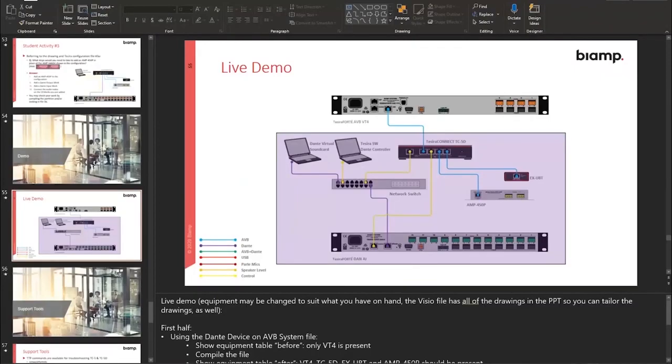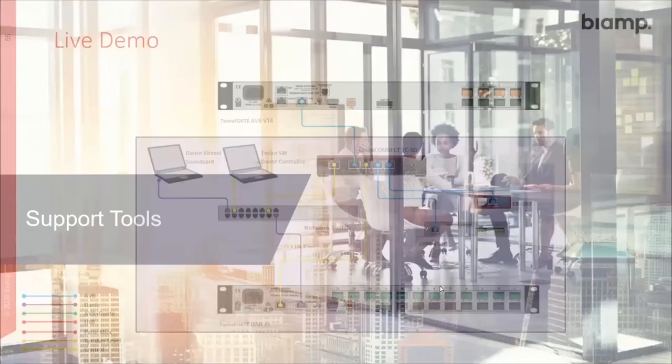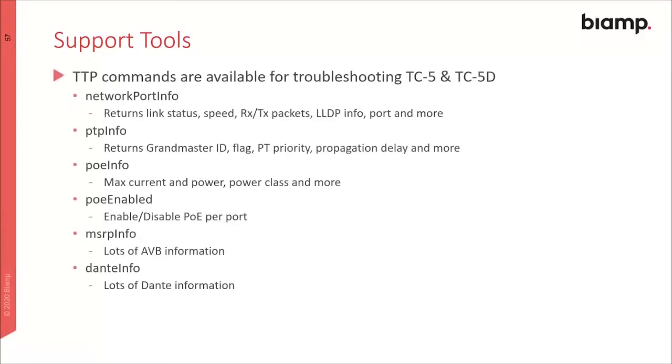All right, so now let's talk about the certain support tools that we have on the TC5D. We have some TTP commands that you can use to troubleshoot the TC5 and TC5D.